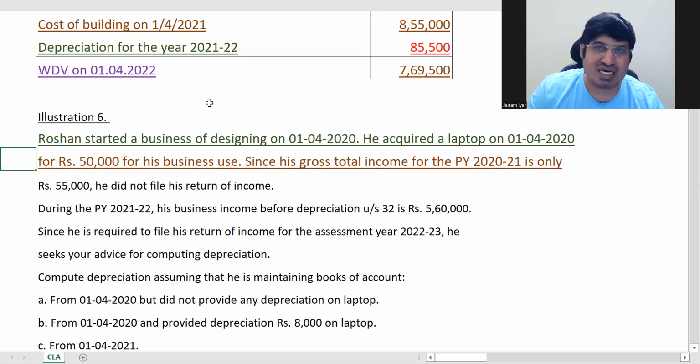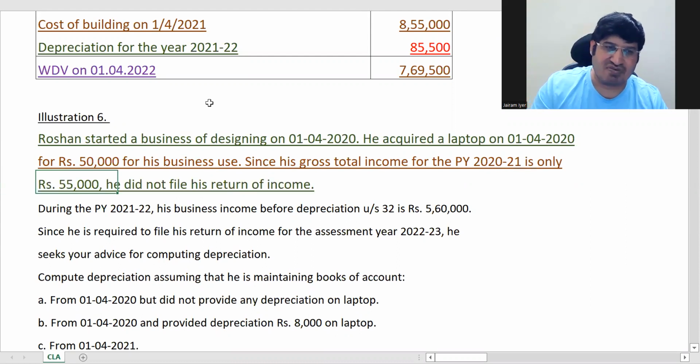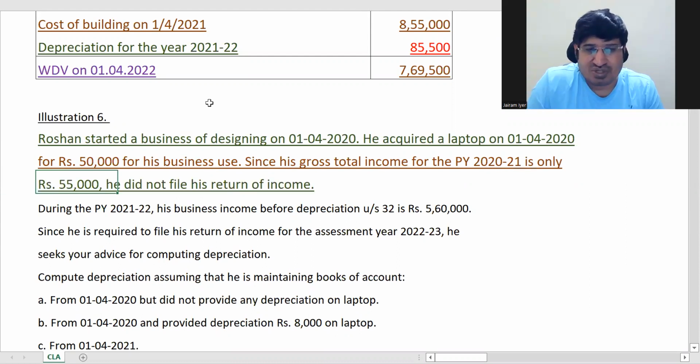Okay, for designing he needed a laptop, so he bought it. Since his gross total income for previous year 2021 is only 55,000, he did not file his return of income. In previous year 2021 he did not need to file his return of income.